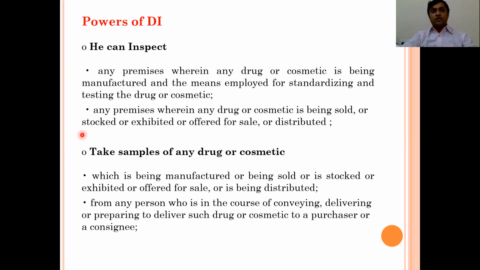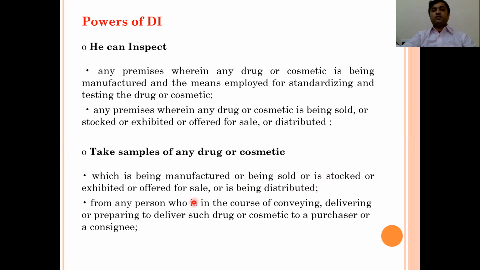Next, he takes samples of any drug or cosmetic. The drug inspector can take samples wherever it is being manufactured, sold, stocked, exhibited or distributed. Wherever the drug is available, he can take it for testing.